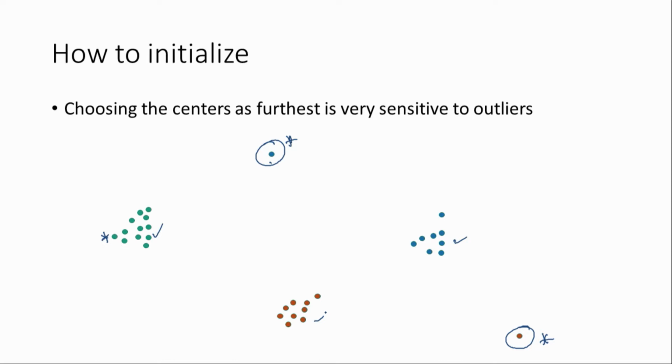So maybe I should choose points uniformly at random, because that is less sensitive to outliers. But on the other hand, choosing the farthest points gives me a nice representation of the clusters. So what should we do?